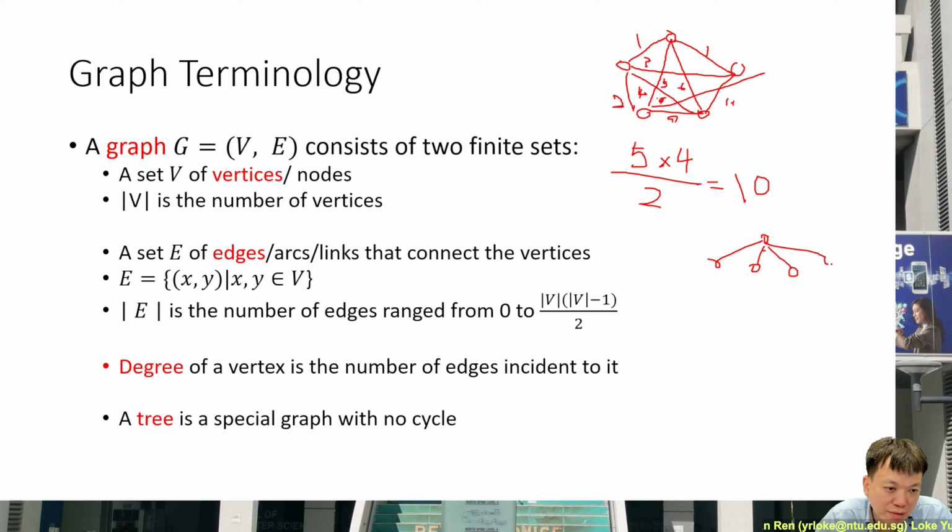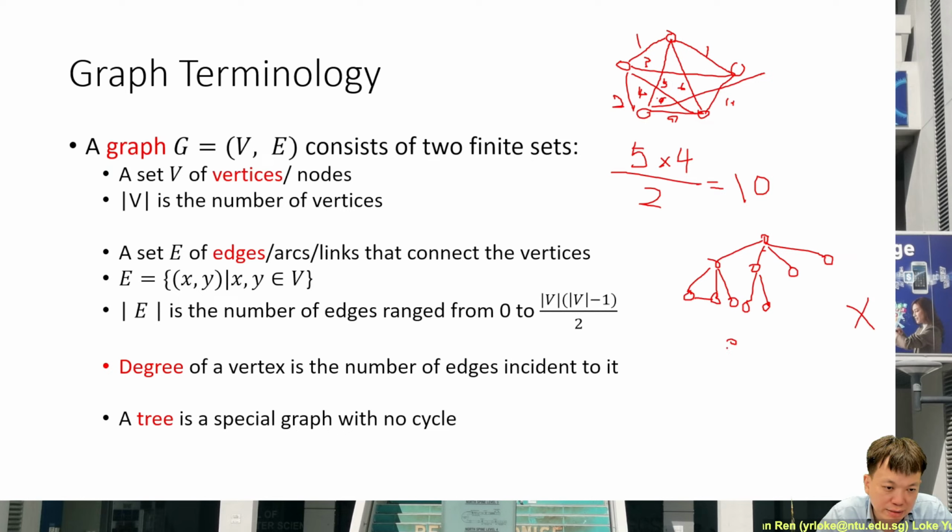If any siblings are connected, they will form a cycle, and then this is not considered a tree. A tree has no cycle. So that is a tree, a special case of a graph.